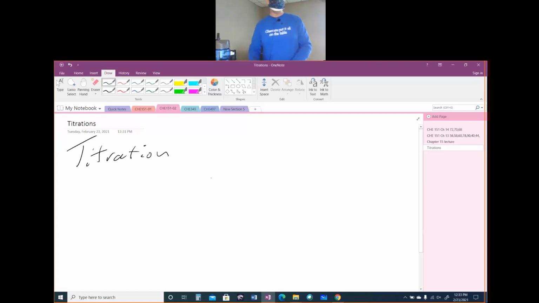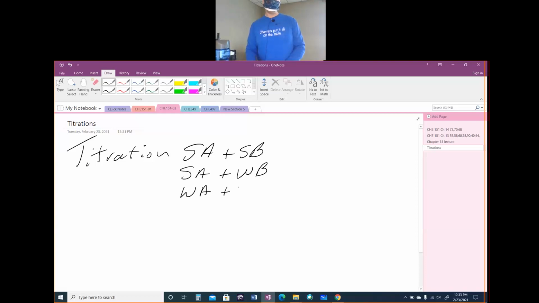We're going to have three different choices for our titrations. We're going to do strong acid, strong base. We're going to do strong acid and a weak base. We're going to have a weak acid and a strong base.